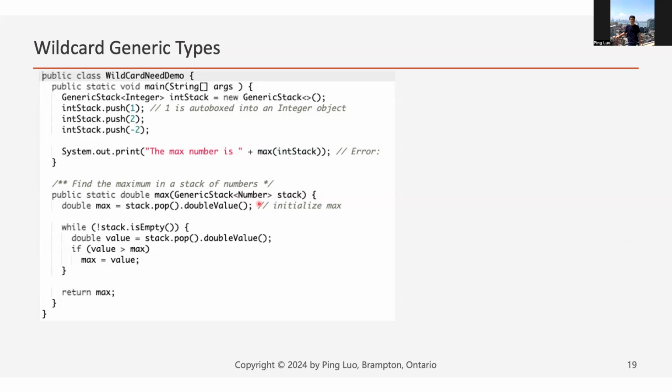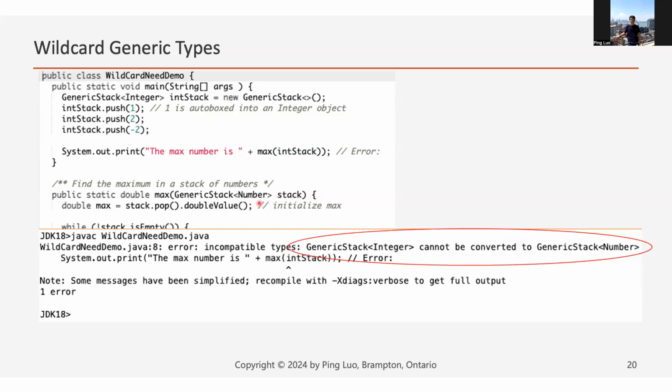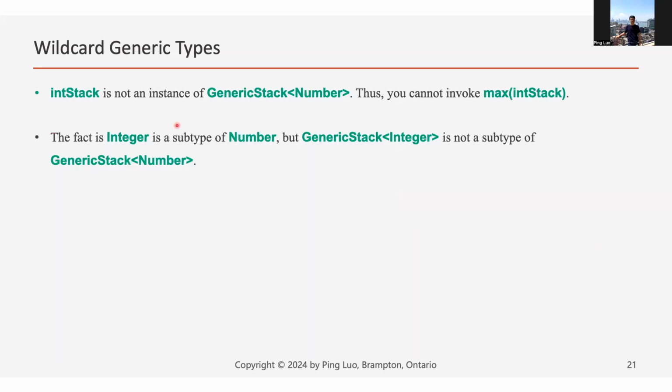It's like a subclass. But it will report an error: cannot convert to generic stack number. This is because this int stack is not an instance of a generic stack number. So we cannot just directly use it.